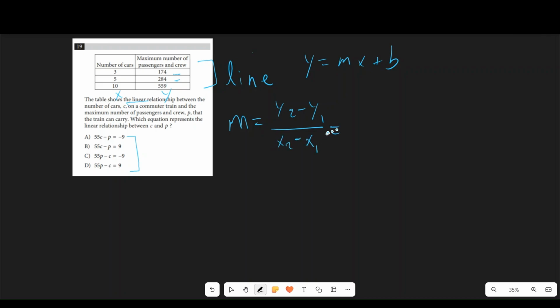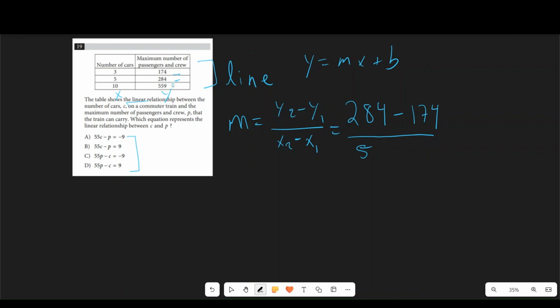You can use any order, it really doesn't matter. I just like to use the bigger numbers as my y2, because you don't have to worry about dealing with negative numbers, which can get a little annoying. So I like to use the bigger pair of numbers as my y2 and x2.